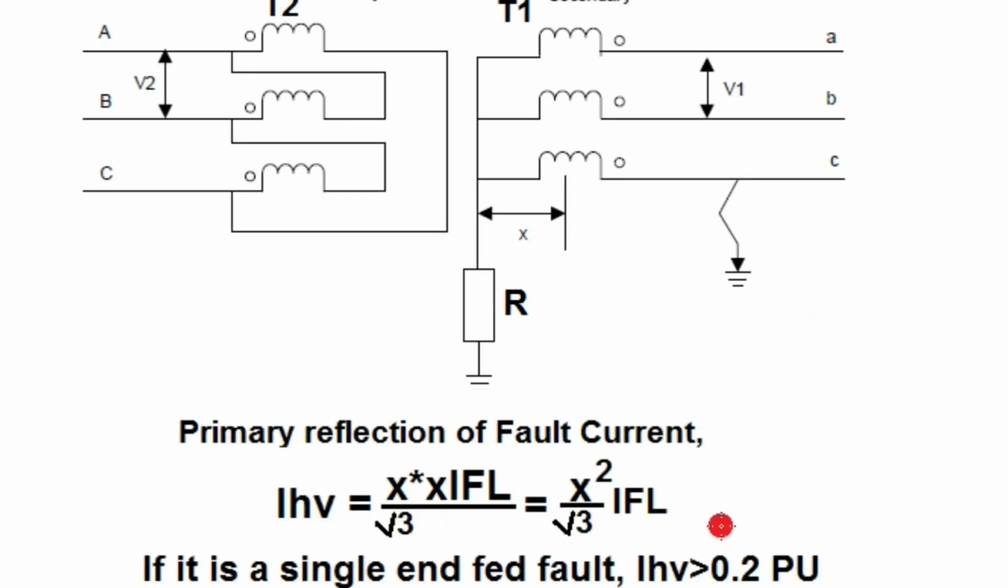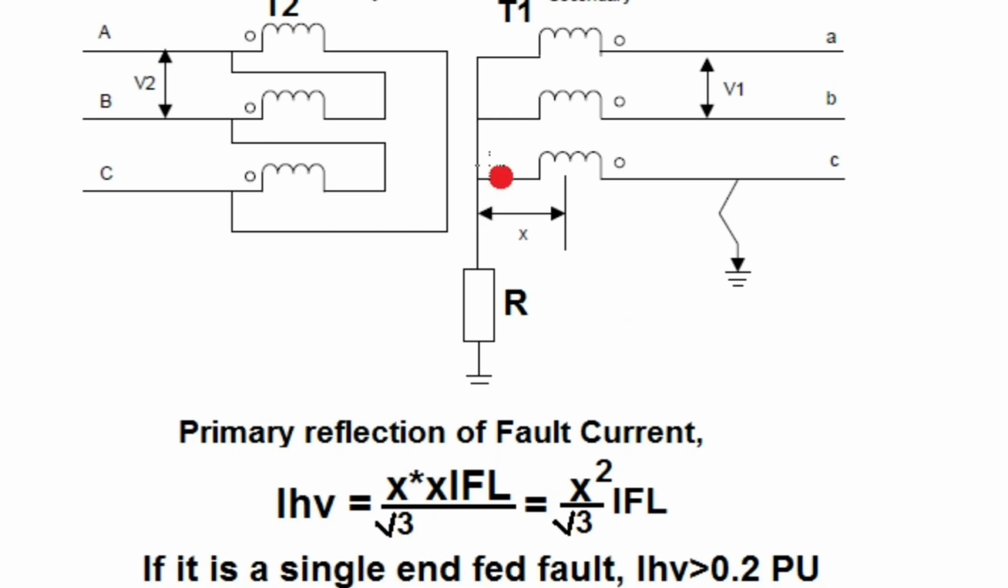And now the differential current is the vector sum of the per unit currents of the HV side and LV side. So if I divide this HV current by the full load current, that will be the per unit current of the HV side current at the differential relay input.